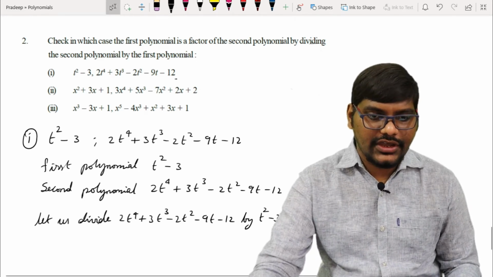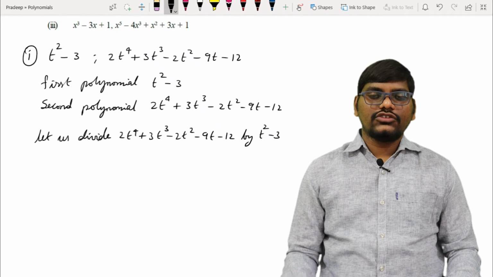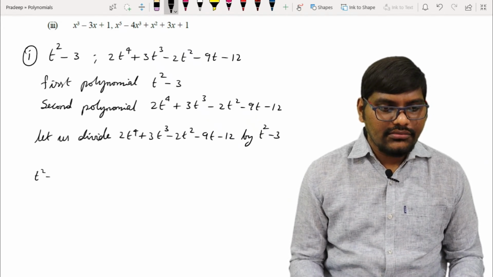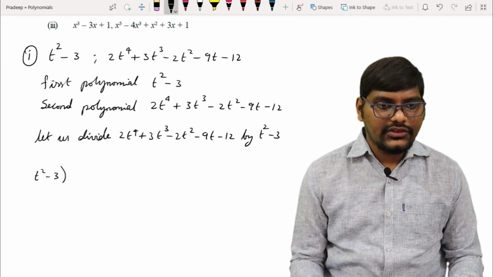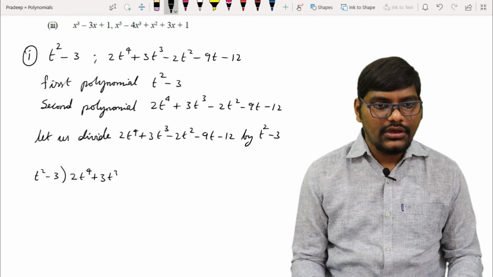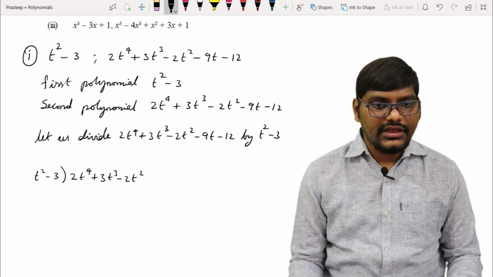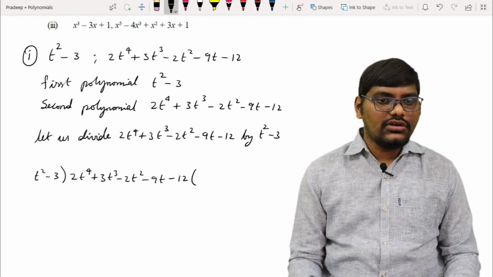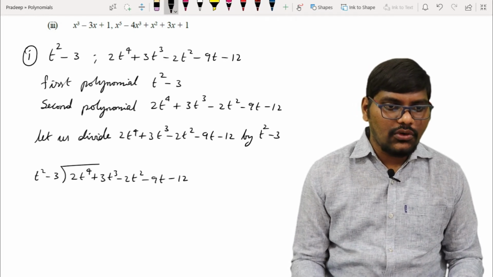We'll solve it. Okay, so let's go forward. So I can write here t square minus 3, and the dividend given is 2t power 4 plus 3t cube minus 2t square minus 9t minus 12. So this I'll just take above.